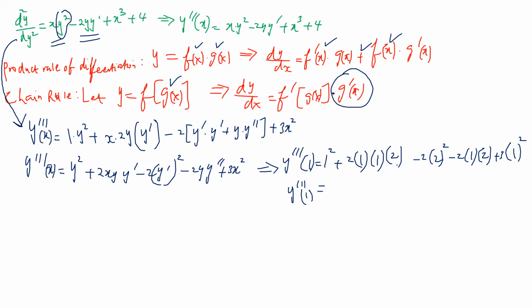So we have 5 minus 8 minus 3, getting minus 3 minus 4 is minus 7, plus 3 is minus 4. So this is correct. We got minus 4 for the third derivative, and now we continue to the fourth.